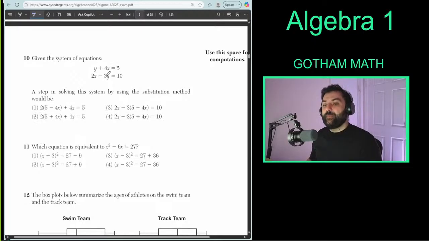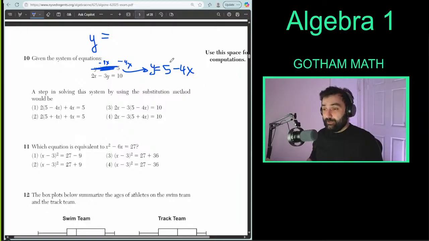We're not allowed to substitute anything before we have a variable saying y equals, and there is no y equals here. It's y plus 4x. So we're going to subtract 4x from both sides, having now y equals 5 minus 4x instead of the first one, obviously.